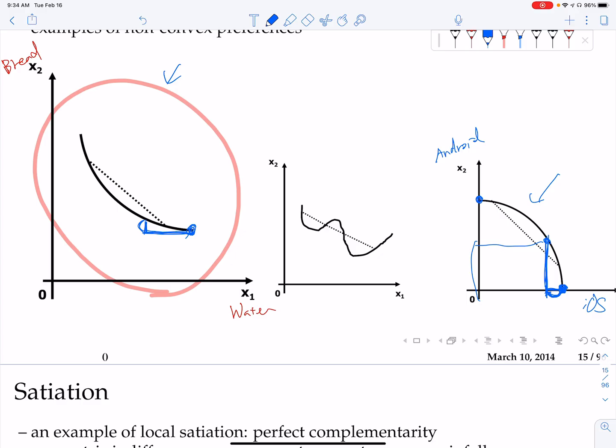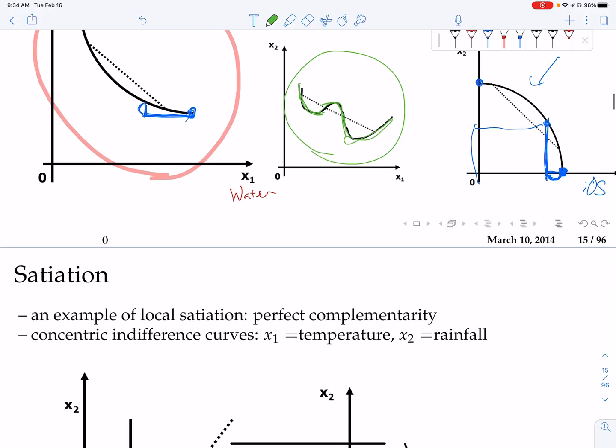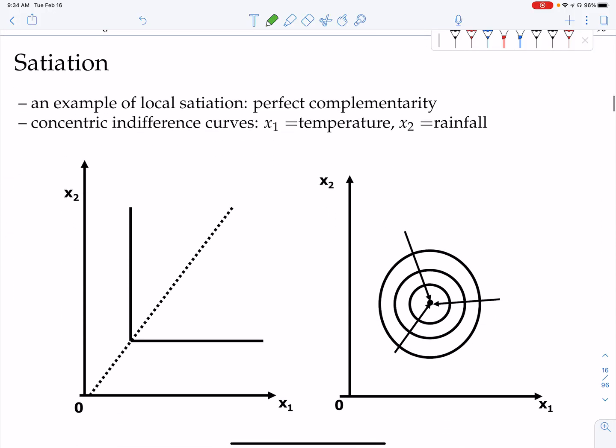And the middle graph will be even stranger. It's normal here, but once you get past a certain point, it becomes a weird relation between x1 and x2. All right, and let's talk about the satiation once more.